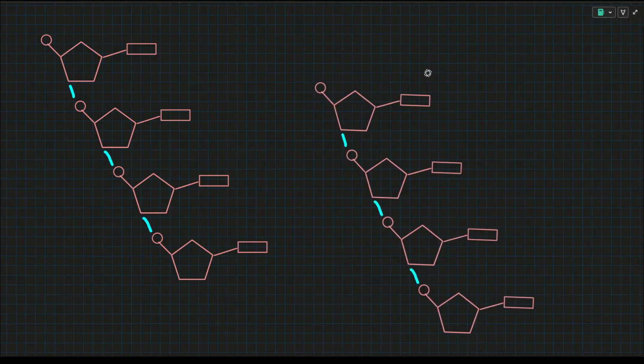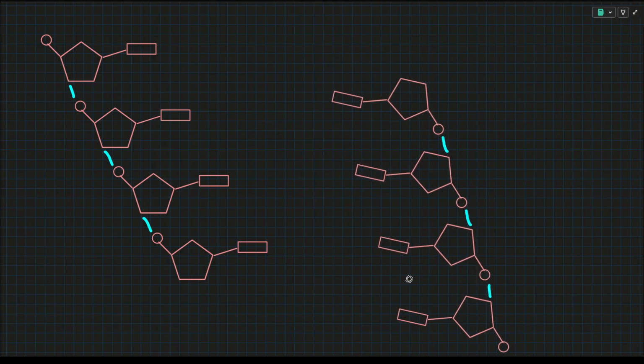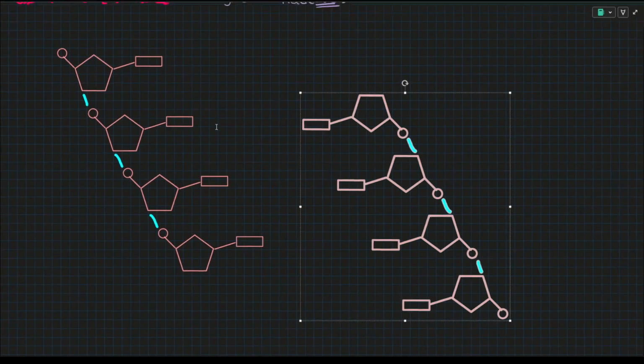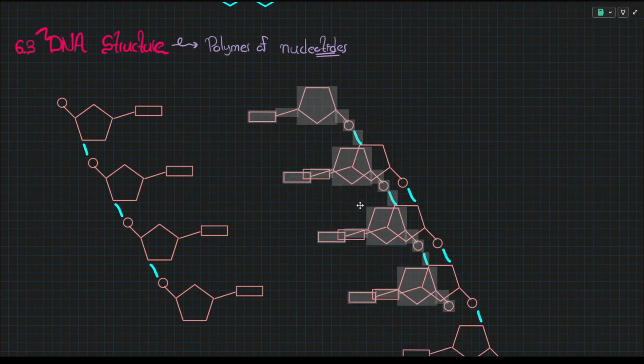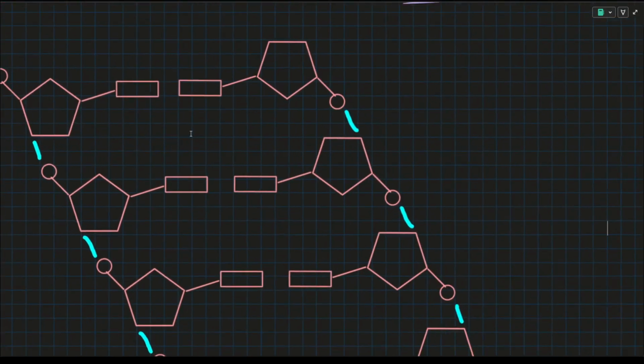Now look closely. I'm going to rotate this strand like this, until it looks something like this. And then I will be bonding that strand onto this strand just like this.